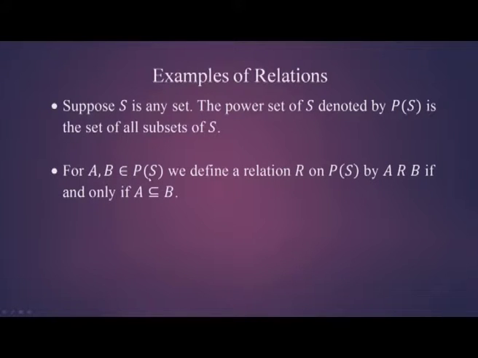We have A, B belonging to the power set of S. We define the relation R on P(S) by A R B if and only if A is a subset of B. Very often, instead of writing R, we will simply write the subset-equal notation.